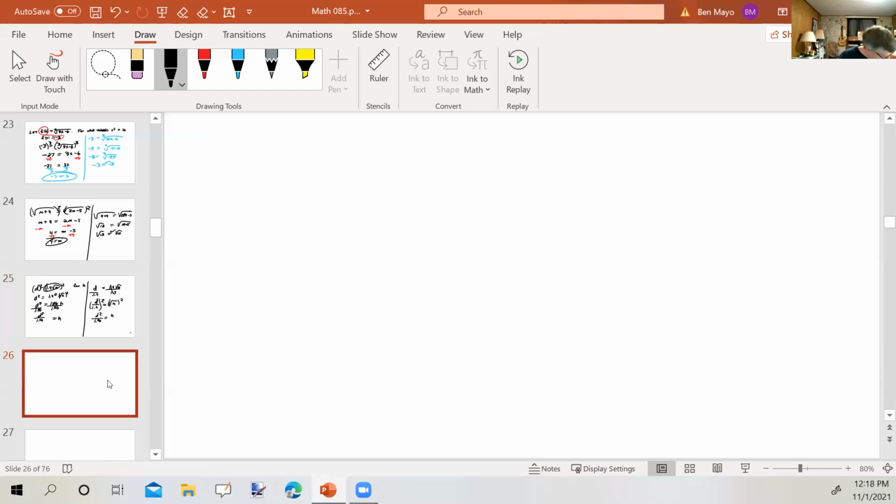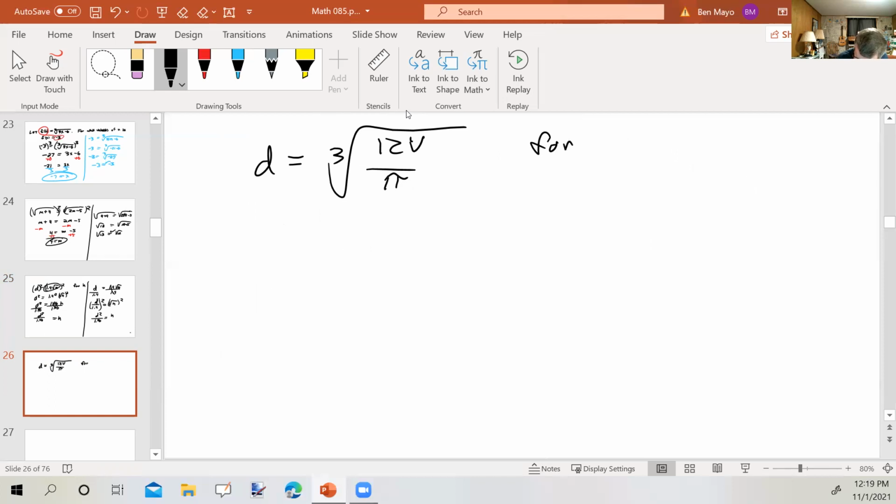How about this one? D equals the cube root of 12v divided by pi, and we're to solve for v. So the radical's already isolated. I'll cube both sides. I get d cubed equals 12v over pi.